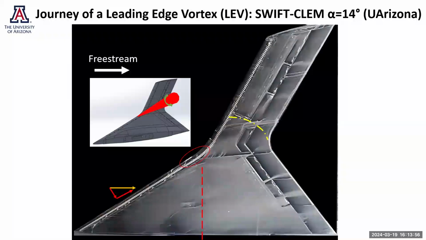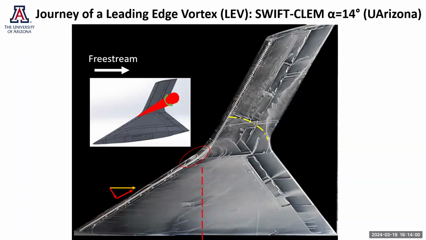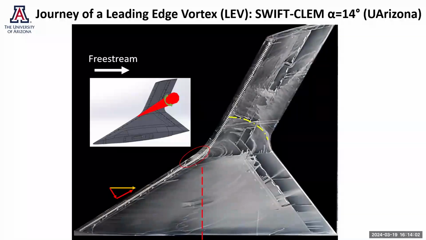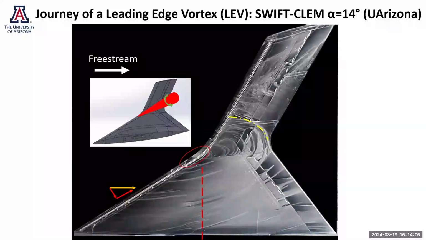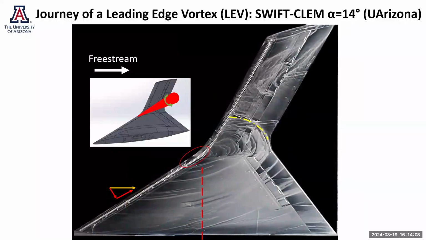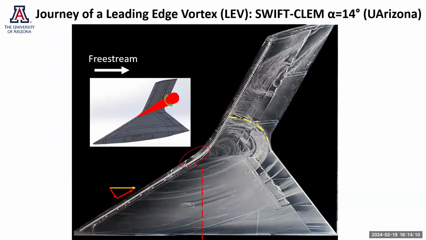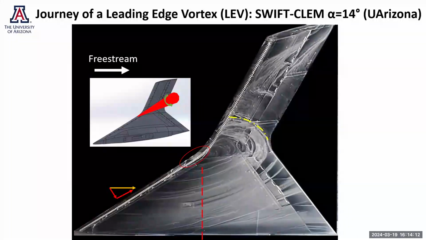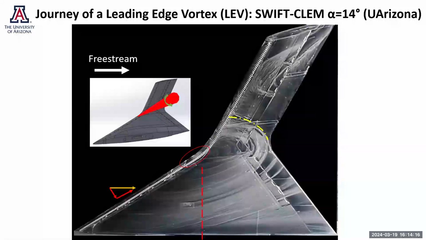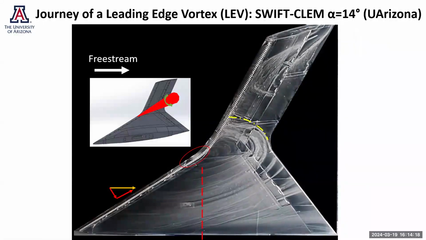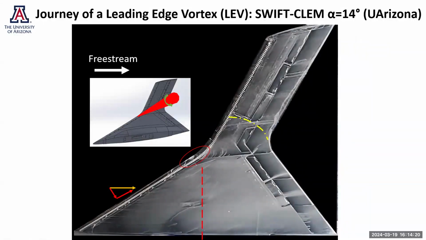Now, why is this vortex lifting off, particularly at this location? We have a horizontal free stream identified by the yellow arrow. Now, this free stream velocity direction can be decomposed into two directions, chordwise and spanwise. Here, because of the sweep angle being 60 degrees, it is decomposed like this.